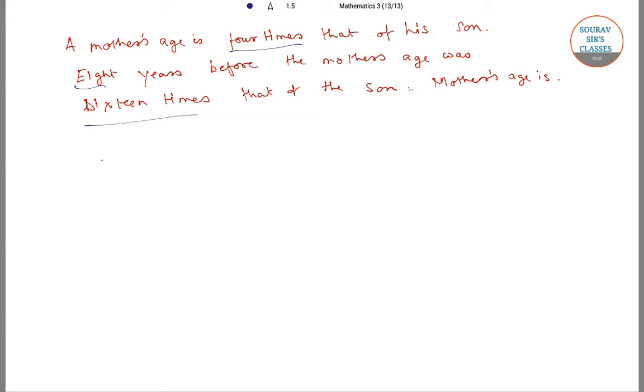So present time the ratio between mother's age and son's age is 4:1, and 8 years ago the ratio was 16:1.